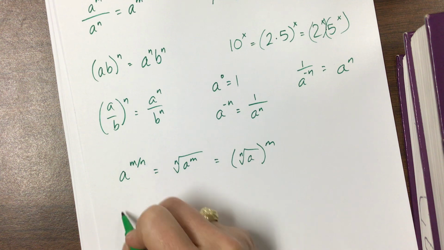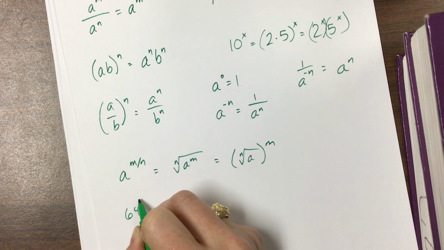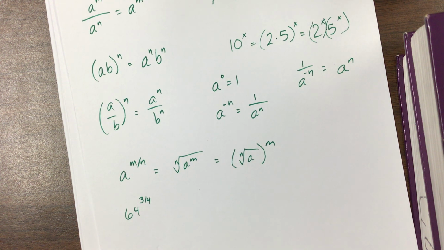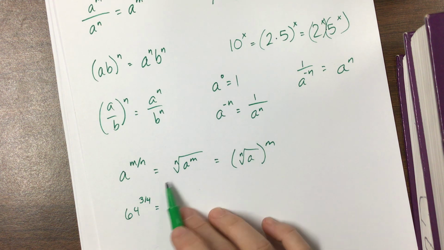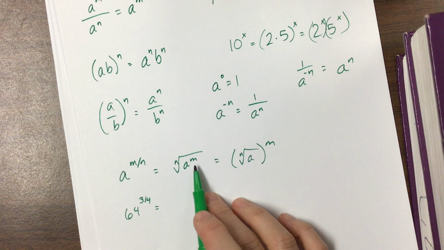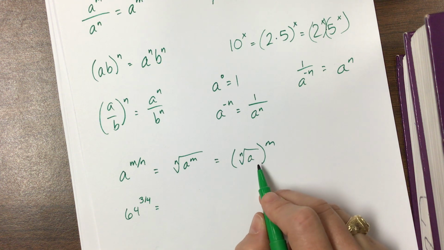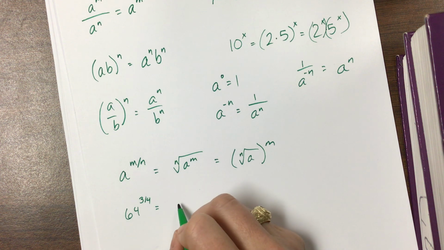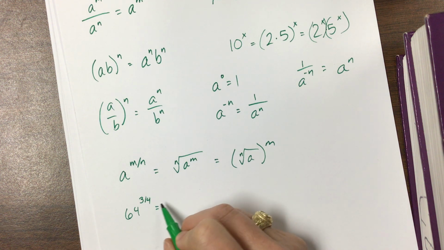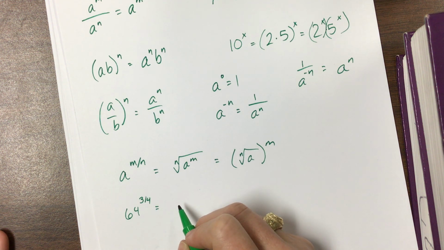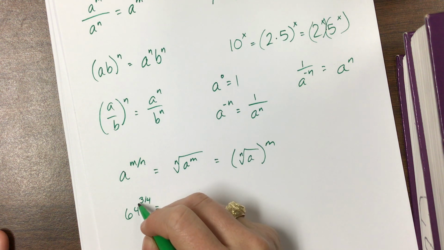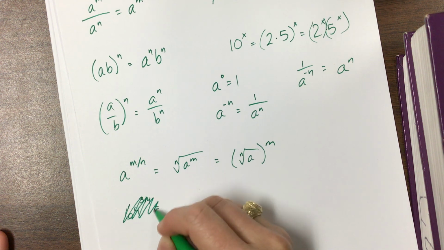If I saw something like, say, 64 to the 3/4 power, I'm not going to raise 64 to the 3rd power and then take its 4th root. I'm likely to do this, where I would say, okay, well, the 64, the 4th root, am I doing this backwards? Okay, let me try that again.